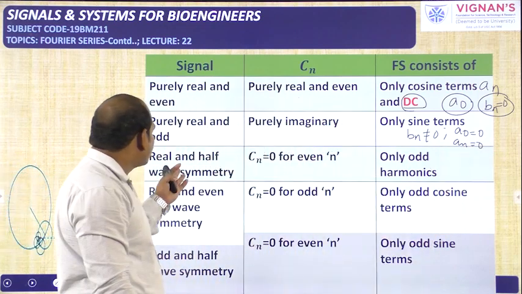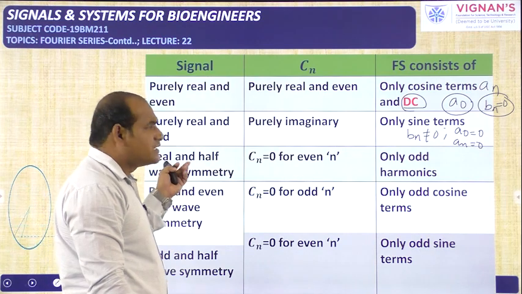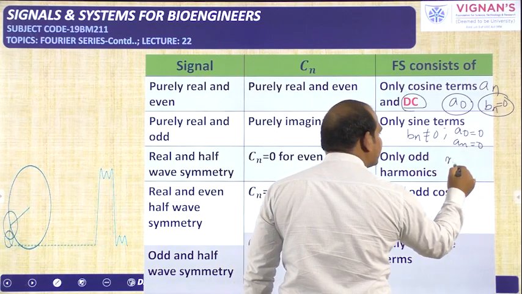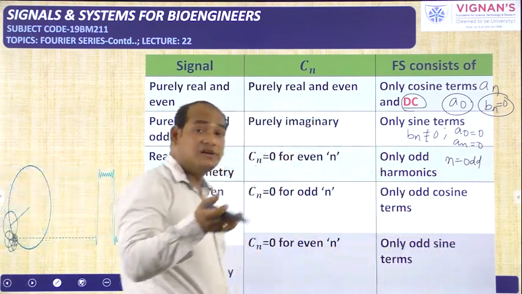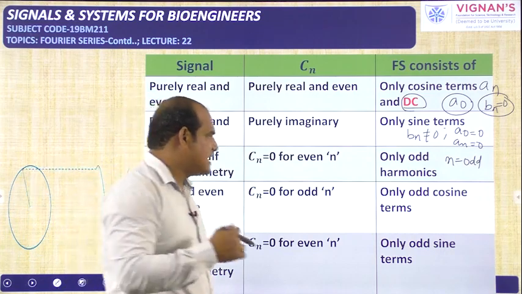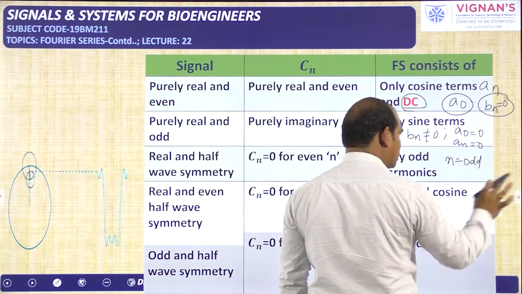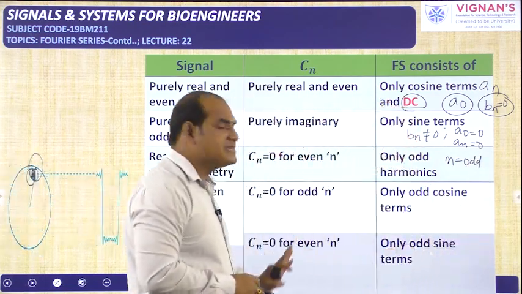Then half wave symmetry. Just now we discussed half wave symmetry, and I told that we get harmonics only for odd harmonics, whenever n is odd. That means we get non-zero values for the coefficients only then. An and Bn will exist for odd n only. For even n, An is 0 and Bn is 0.